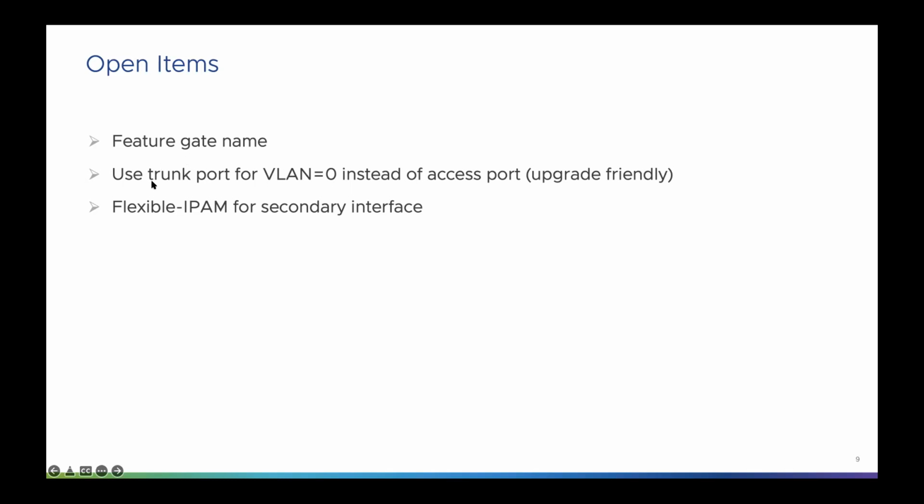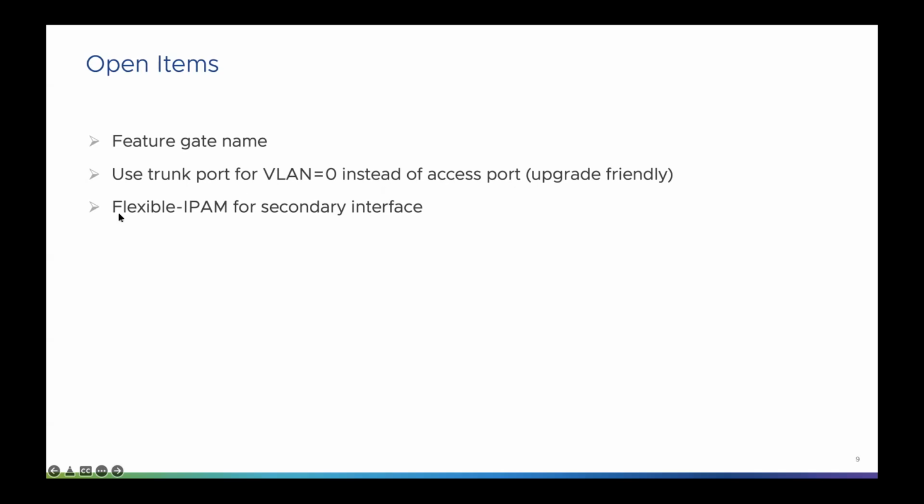And the second item is what I mentioned above. We can use the trunk port for the VLAN 0 access port. If we keep the trunk mode, we don't need to modify the existing ports, and it can also work.